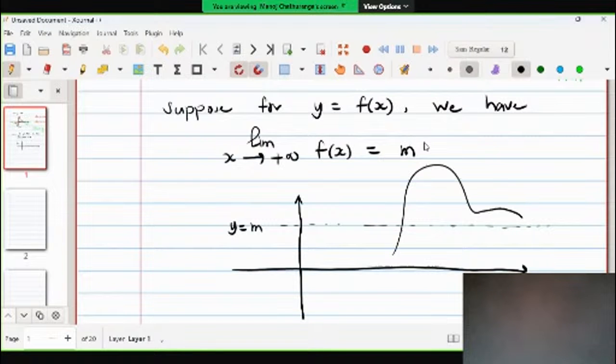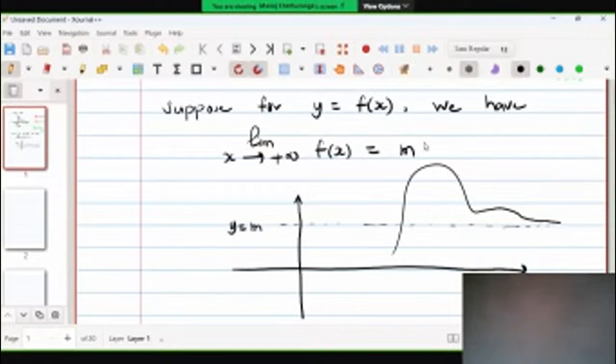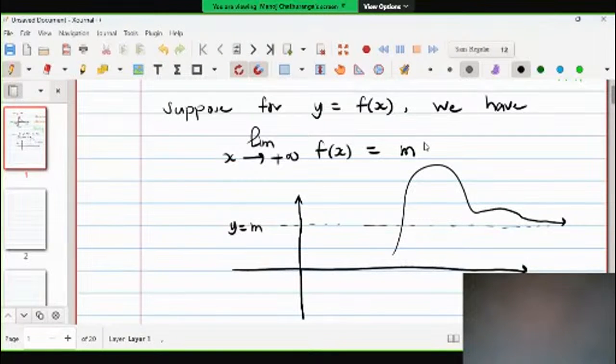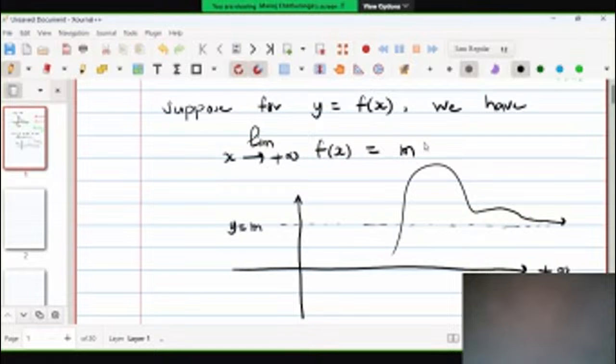Now, I don't know what happens exactly. As x goes to positive infinity, the function is reaching m. It may be from above or it may be from below, but this is something interesting. In such a case, we say y equals m is a horizontal asymptote.